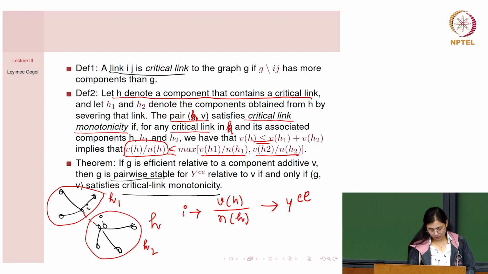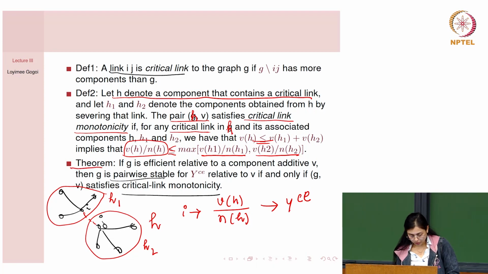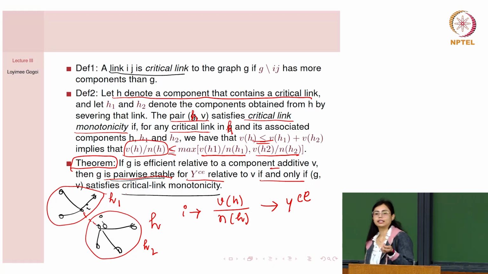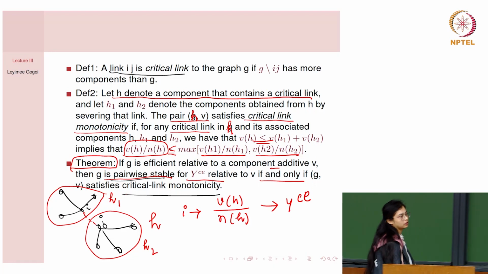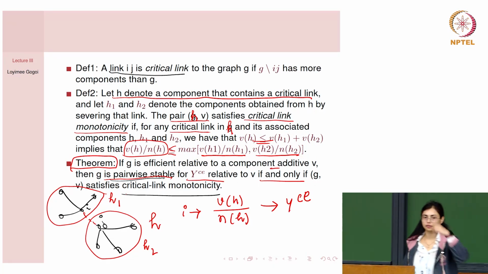There is a theorem then. G is efficient where v is component additive, and G is pairwise stable for the component-wise egalitarian rule if and only if the pair G and v satisfies critical link monotonicity.